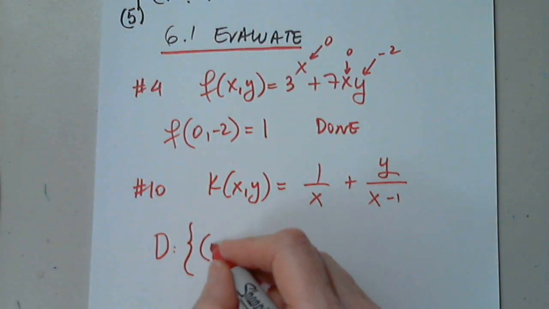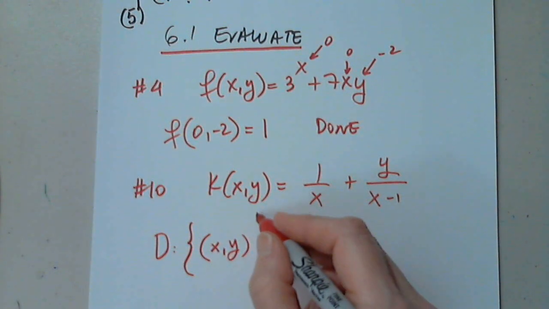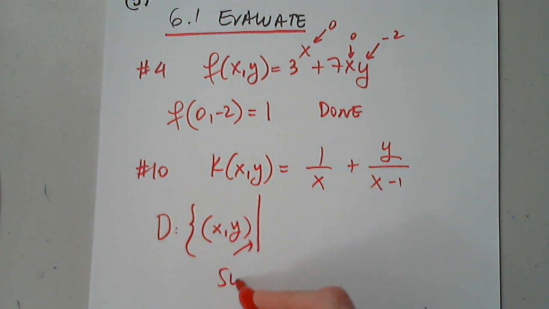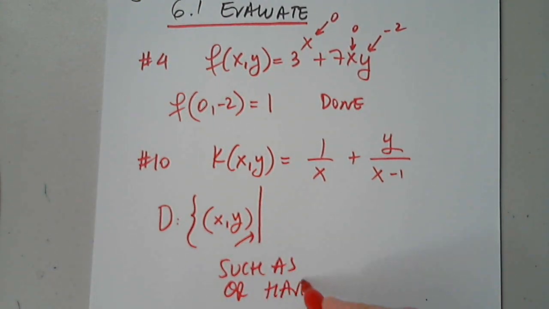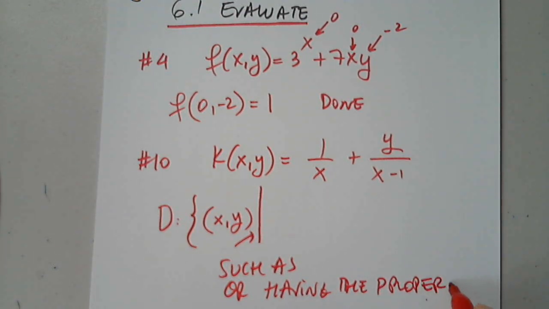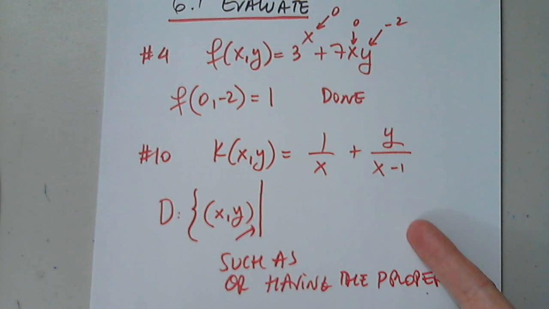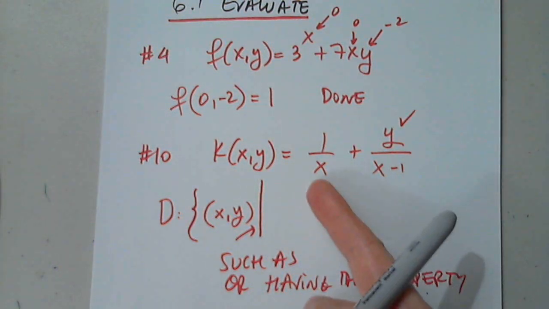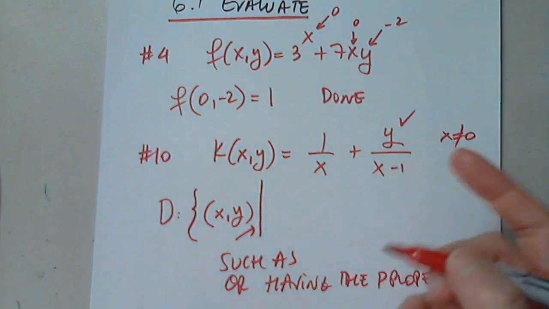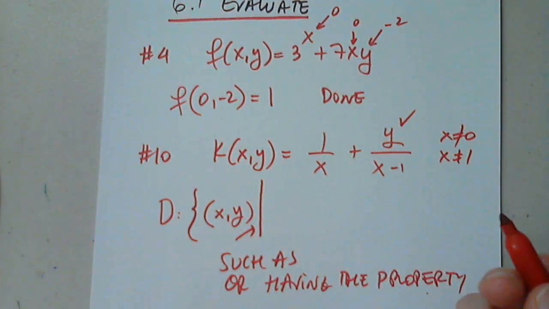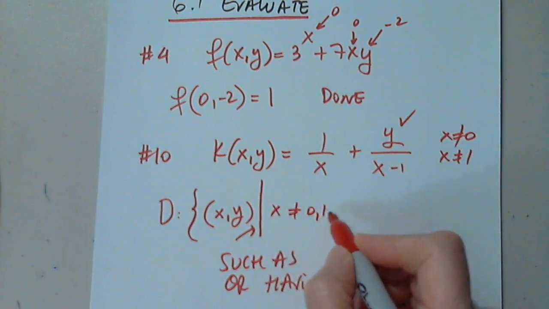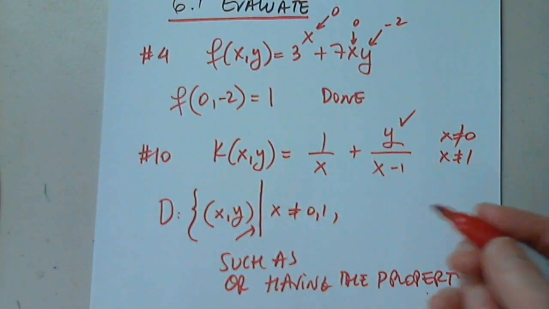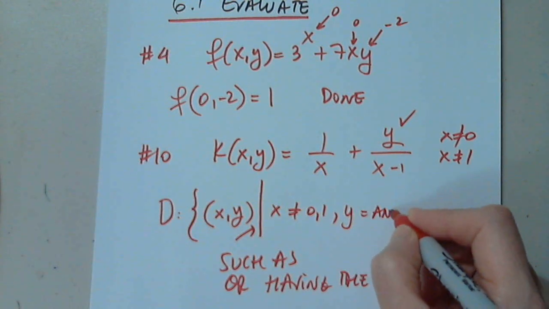I have to write the ordered pair x comma y such as, or having the property something follows. Well, I'm looking at this. Y is okay for any y, I don't care, but x cannot be 0 and x cannot be 1. So x cannot be 0 and 1, which means, and you can write if you want, y anything.